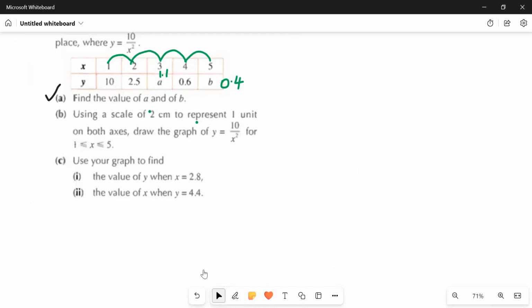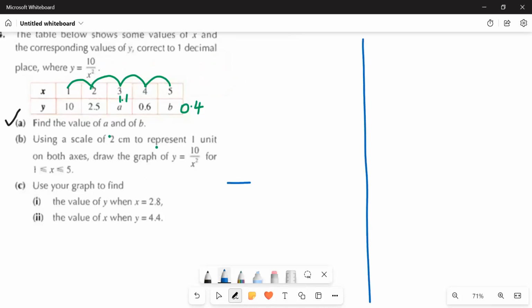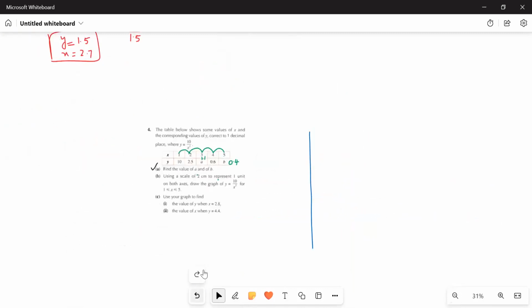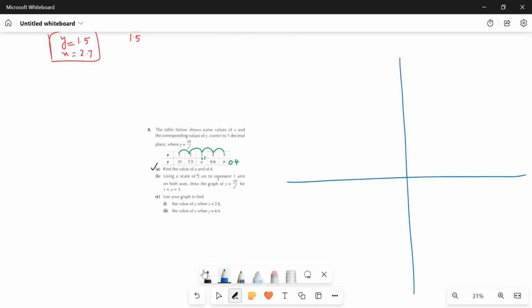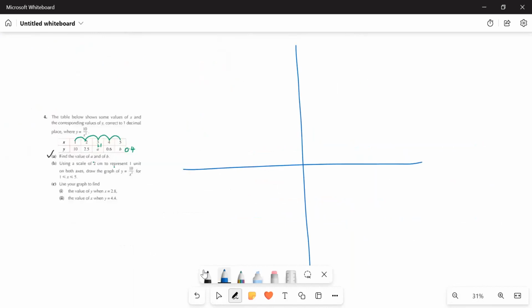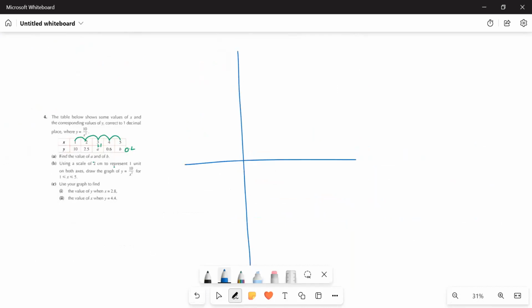So here, if I make the graph, both are positive sides. So we can make it a little bit to the left side. This is 1, this is 2.